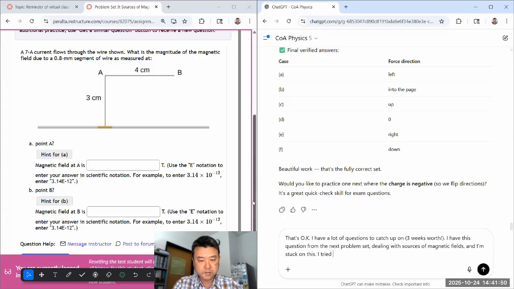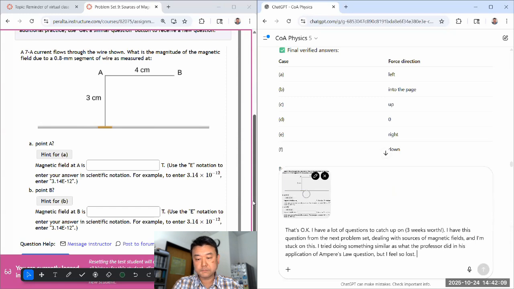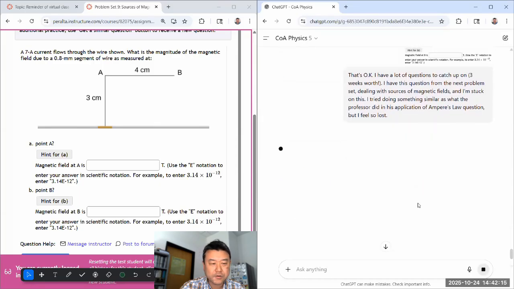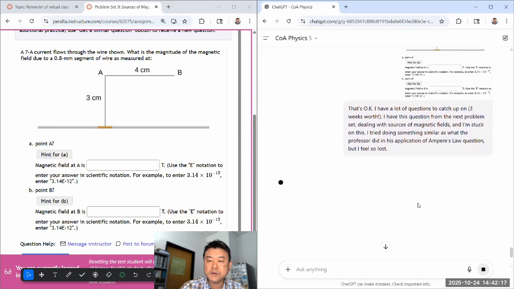I tried doing something similar to what the professor did in his application of Ampere's law question, but I feel so lost. And it should tell me, oh, you don't use Ampere's law here, you use Biot-Savart's law.